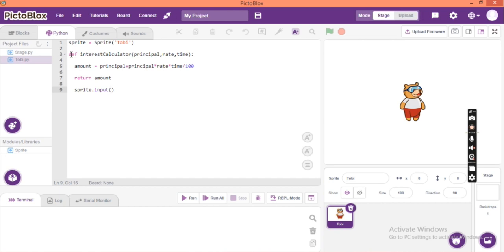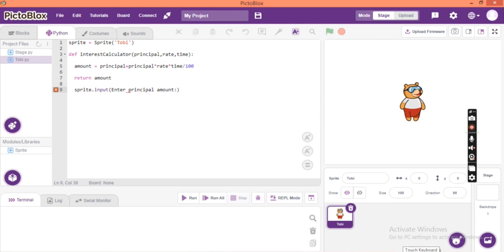So during the run time, whatever inputs are required, it is better to mention. Use print and input, and don't forget to mention it in double quotes. Whatever you mention in the double quotes, the capitals are not that necessary. If you want, you can give it, or if you don't want, it's better to leave it. Double quotes is a must. Enter principal amount.